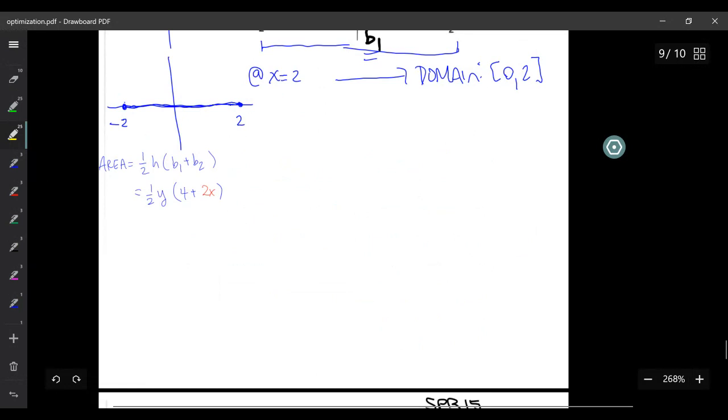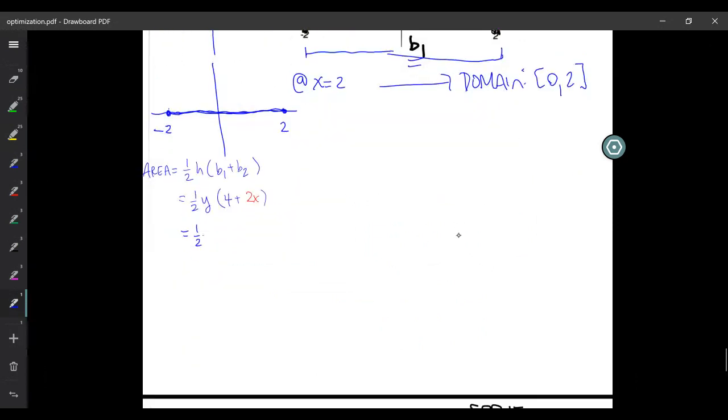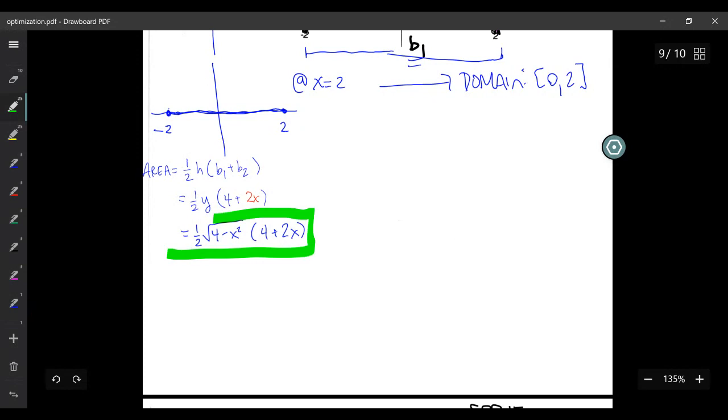You look at the diagram, you get y is equal to square root of 4 minus x squared. So A of x is square root 4 minus x squared times (4 plus 2x).